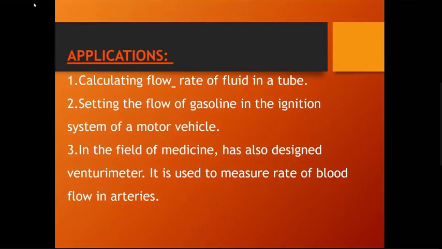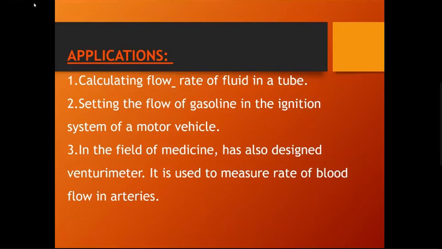Basically, the Venturimeter is used in calculating the flow rate of fluid in a tube at a particular point, or setting the flow of gasoline in the ignition system of a motor vehicle.